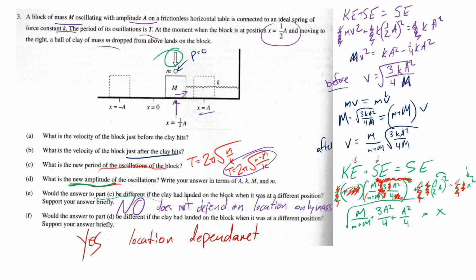One easy example: let's try to match the picture. Here's your spring. If you had it stretched all the way out and then you dropped the clay on there, it would not change the amplitude because the amplitude is already at its maximum. That's why the location will depend on that, and that's why they were very specific in how they described it.